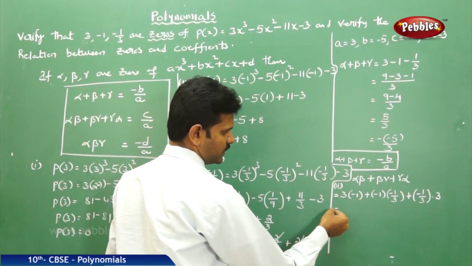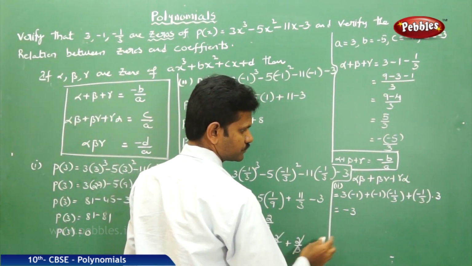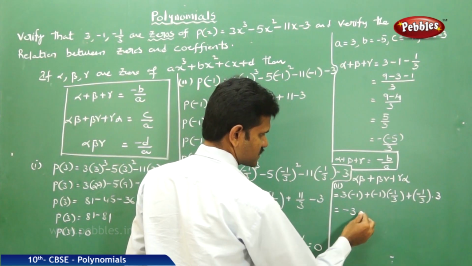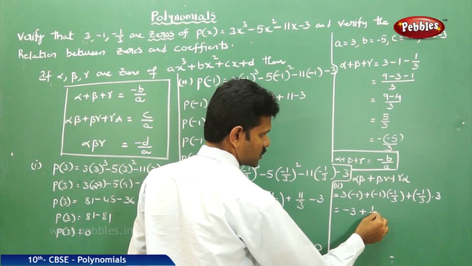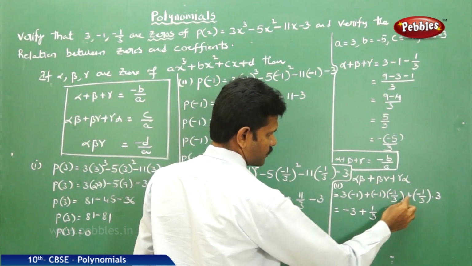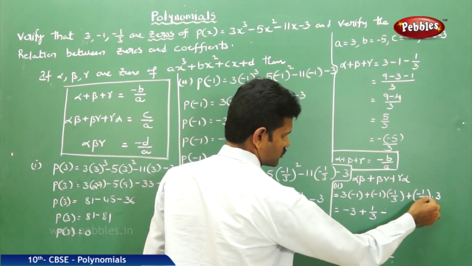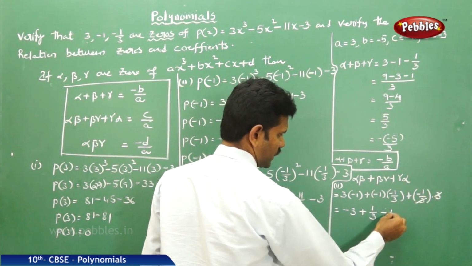Now let us simplify this one. Minus 3, minus into minus is plus, that is plus 1 by 3. Next plus into minus, minus 3 gets cancelled, 1.